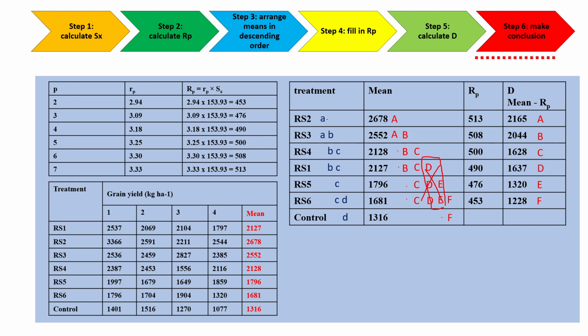So the ones having the same alphabet, they are not significantly different. They are the same. Those that do not have the same, they are significantly different. So that's how we actually do DMRT. It's slightly tricky and confusing over here, but if you get the trick, you actually can do it quite easily.